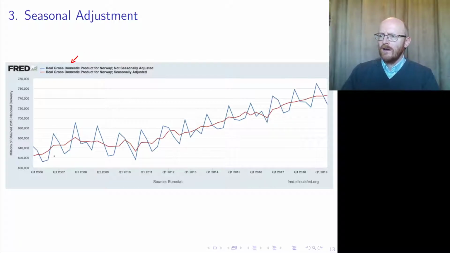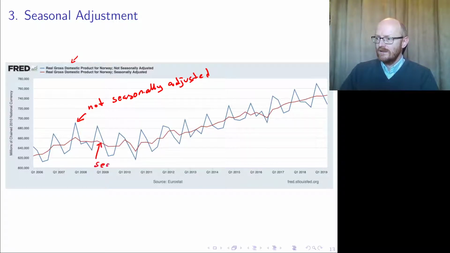Anyways, the point here is that the blue line is not seasonally adjusted, whereas the red line is seasonally adjusted. Okay, so what you see here is that basically every 4th quarter you get this spike, around Christmas time.